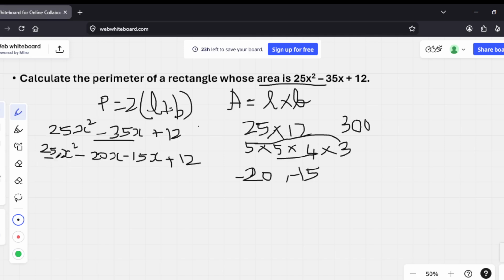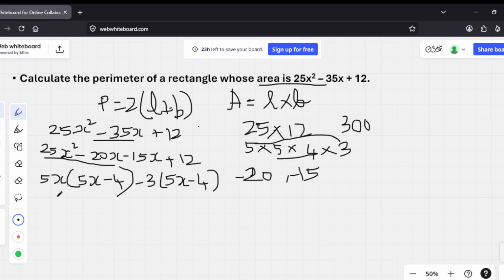Now between these two terms we have to pick out the common thing, the common thing that we have in these two is 5x, and inside 5x will be there, so that when you multiply 5x into 5x you will get 25x square, and then here minus 4. Now the common thing between these two is 3, 5x minus 4.